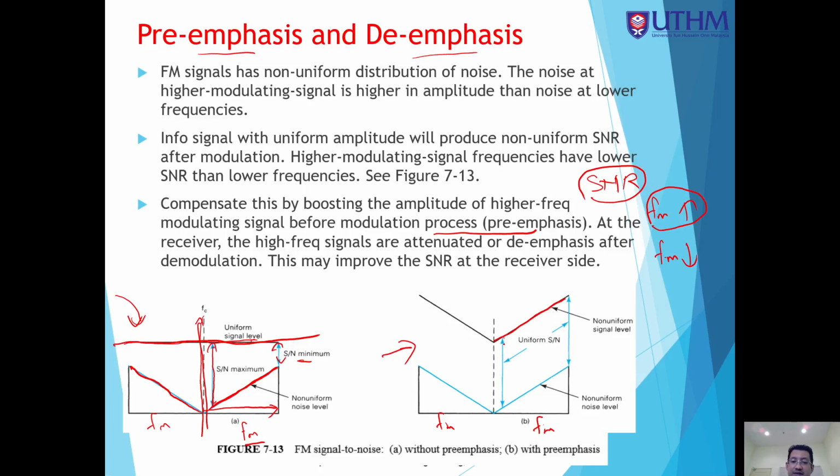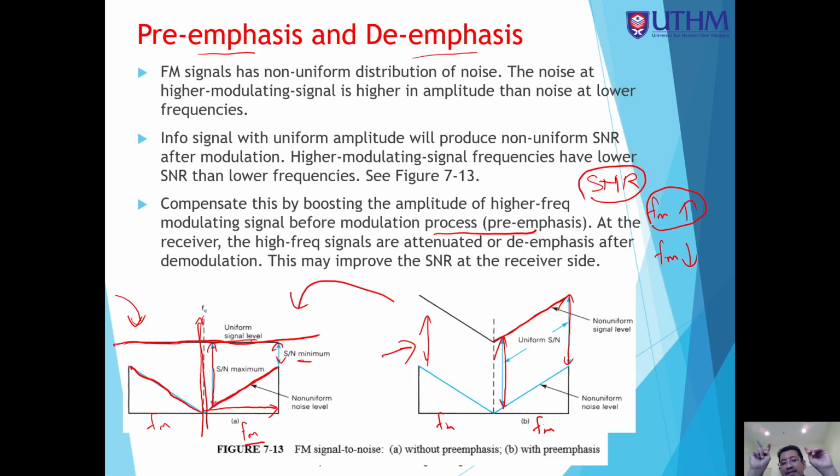So you see that here, this is the SNR for the lower modulating signal frequency, and this is the SNR for the higher value of modulating signal frequency. So now we're going to see that the SNR is more uniform, okay, much better if we use pre-emphasis and de-emphasis compared to the picture on the left. Okay, so here now we achieve a better SNR.